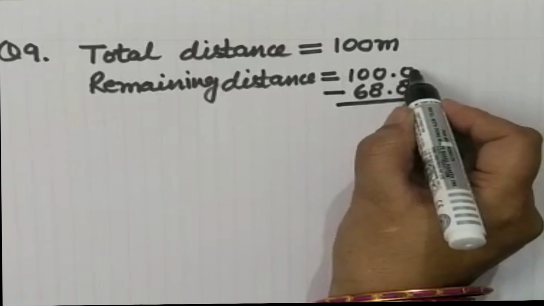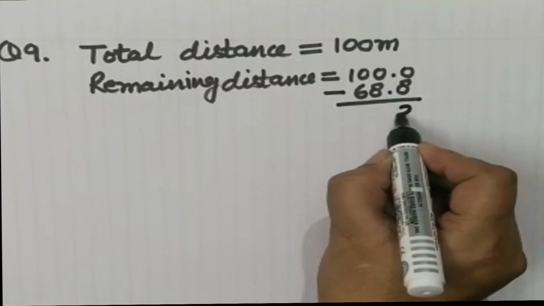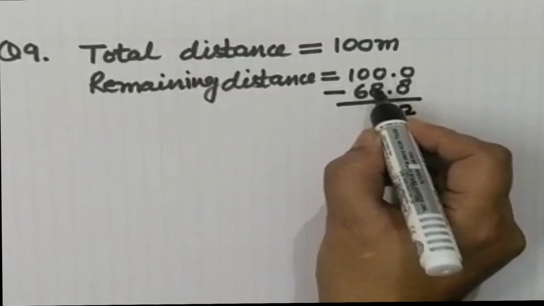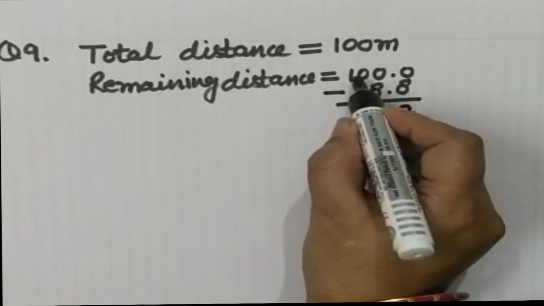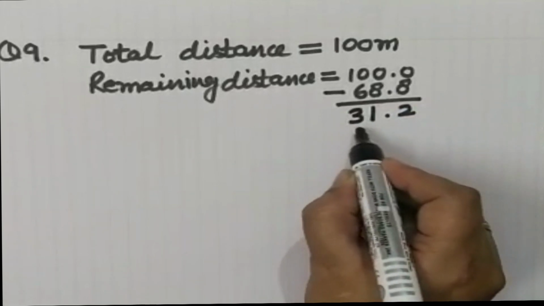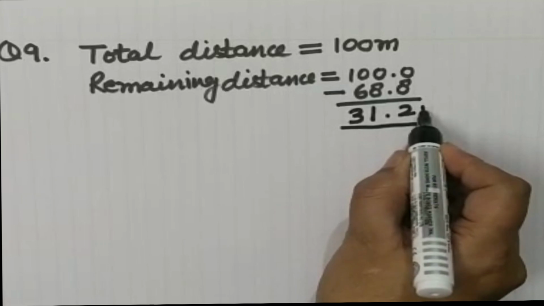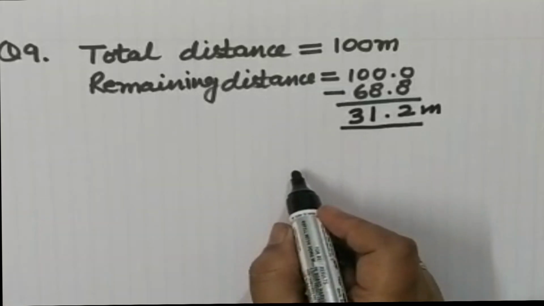So here 10 minus 8 is 2, here 9 minus 8 is 1, here 9 minus 6 is 3. So the remaining distance is 31.2.